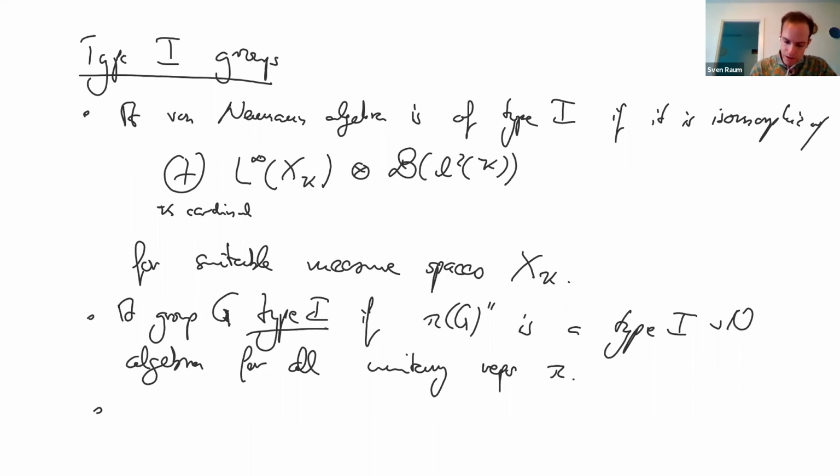And again, Kleppner, whom I cited before, says admissible implies type 1.